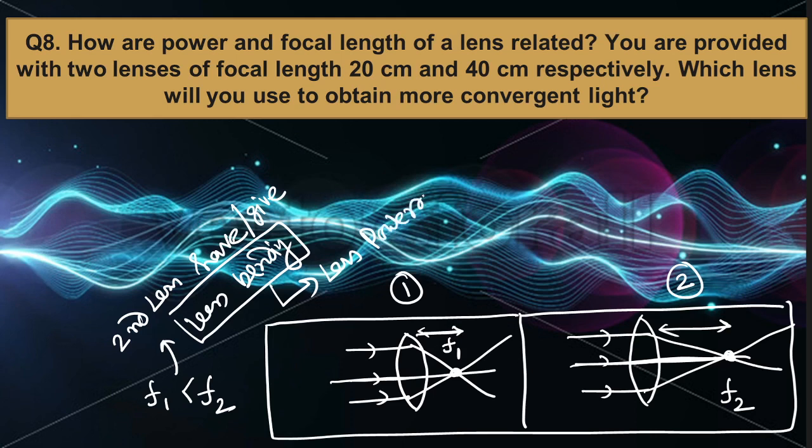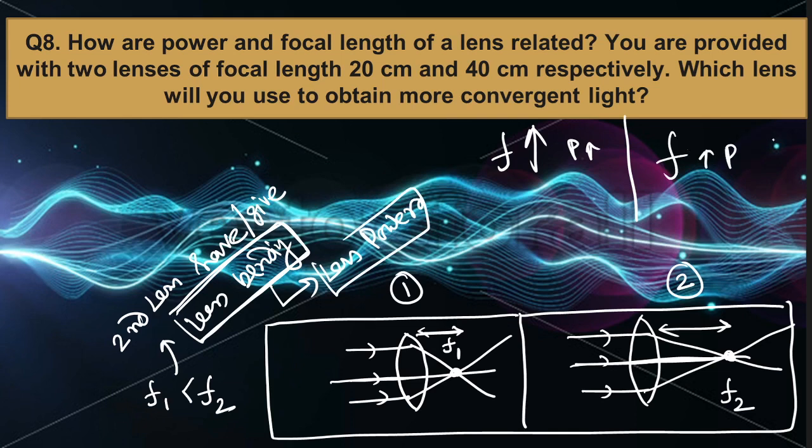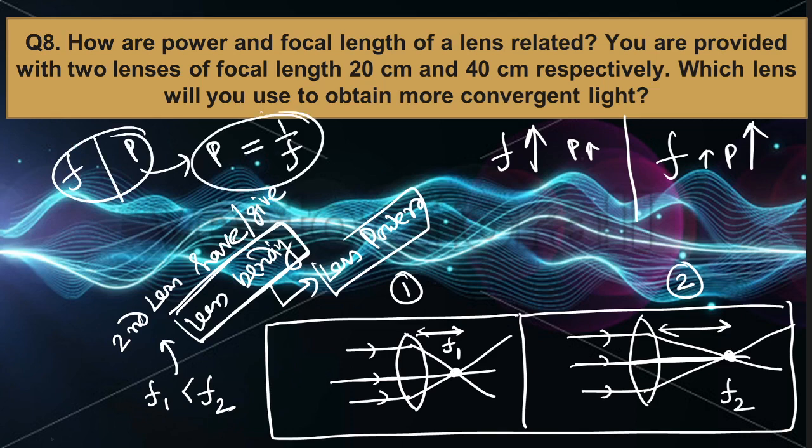So if focal length is big, then bending power is less, means power is less. And if focal length is small, then power will be big. So simply, focal length and power are related by an inverse law. It means we can write power equals 1 by f. Inversely they are proportional. Clear?